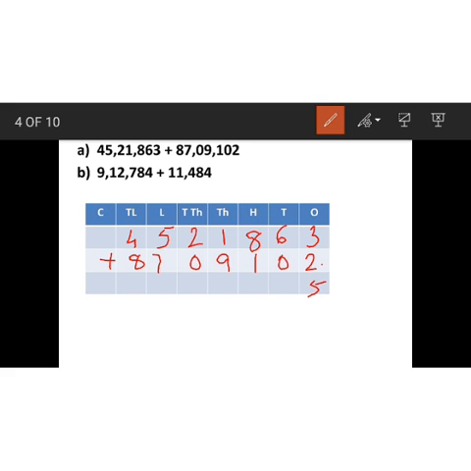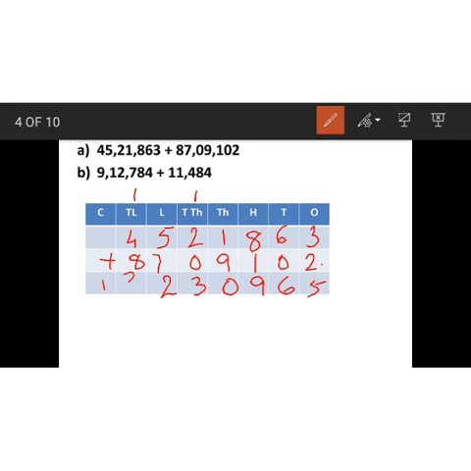6 plus 0, it will be 6. 8 plus 1, 9. 1 plus 9, it will be 10. Put the 0 here and the carry here. So 1 plus 2, it will be 3. 3 plus 0, it will be 3. 5 plus 7, we get 12. Put the carry here. 4 plus 1, we get 5. 5 plus 8, it will be 13.